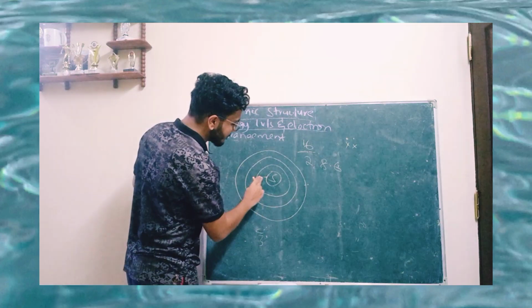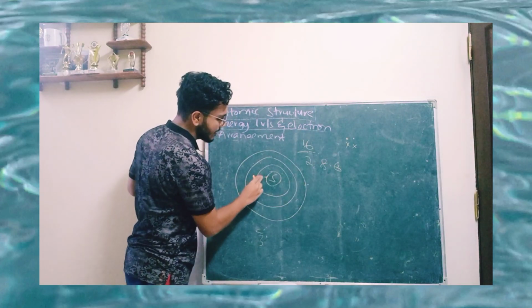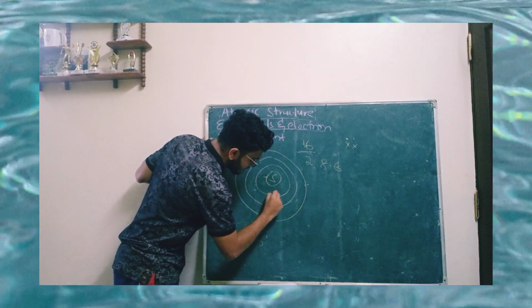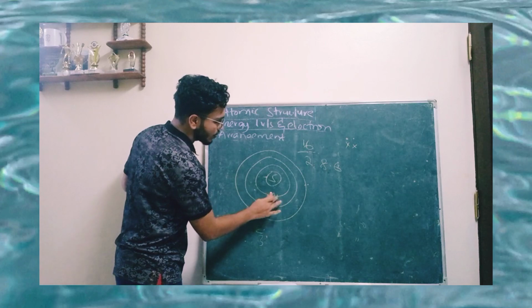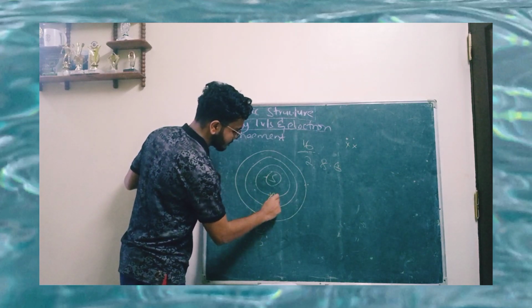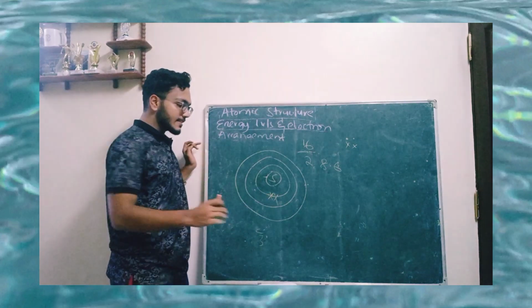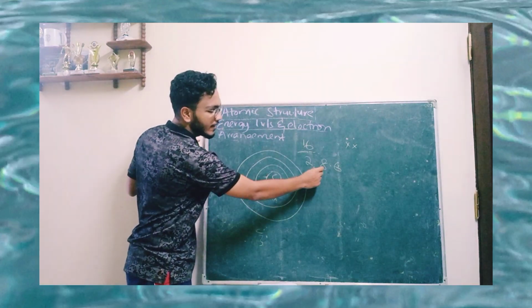So if we start representing these electrons on these energy levels, the first energy level will have 2 electrons. Now mind the position of the energy level. It will have 2 electrons. The second energy level will have how many electrons? 8.